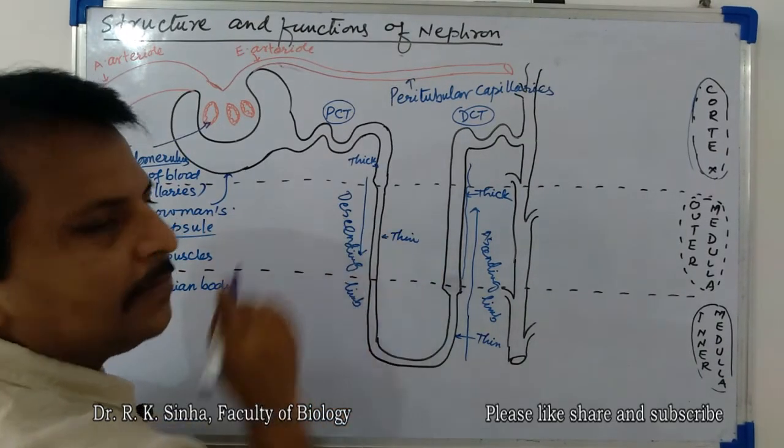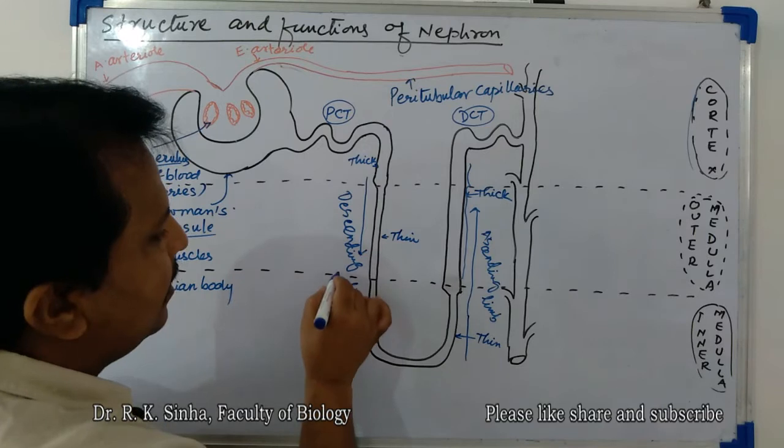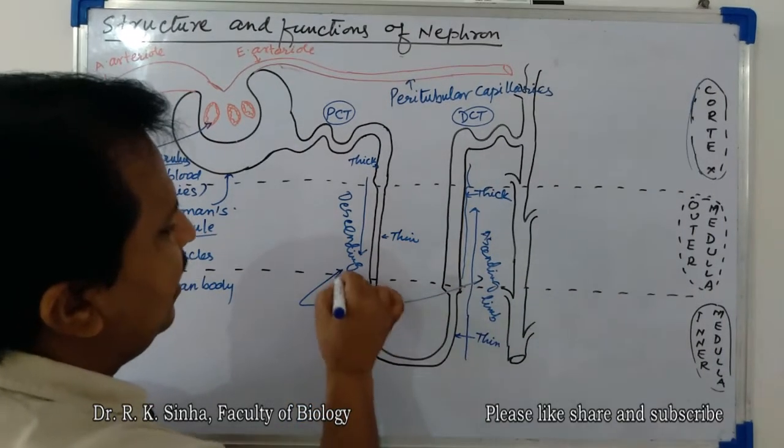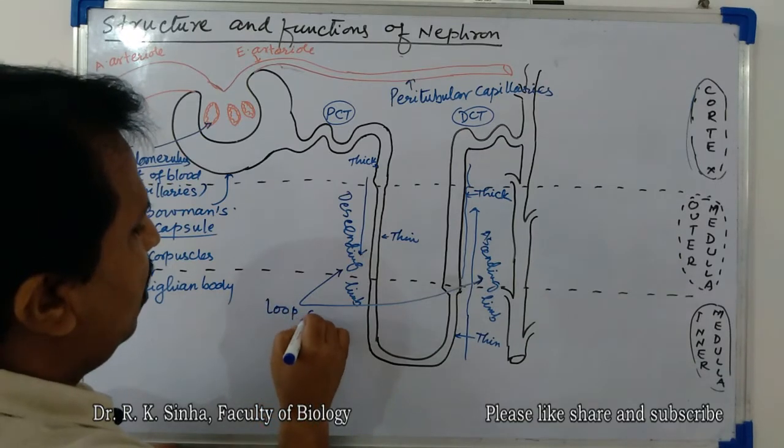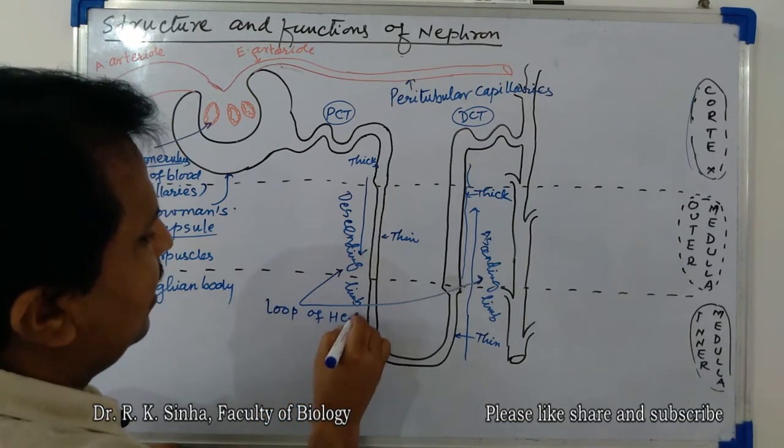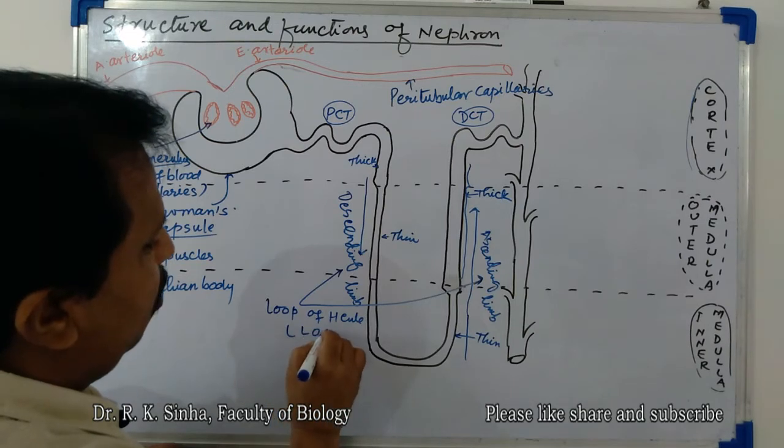The entire structure of the descending limb is thin. So both the ascending and descending limbs form the loop of Henle, LOH.